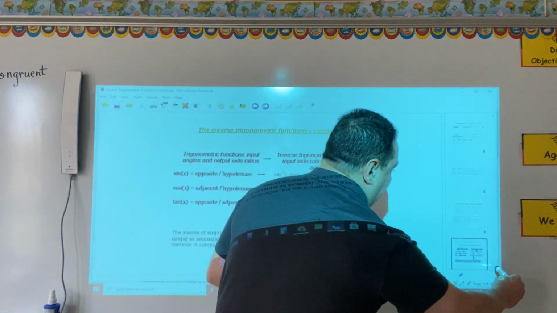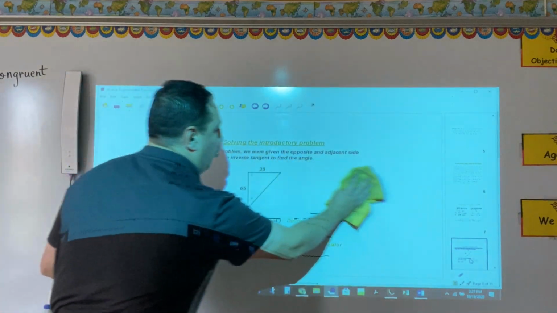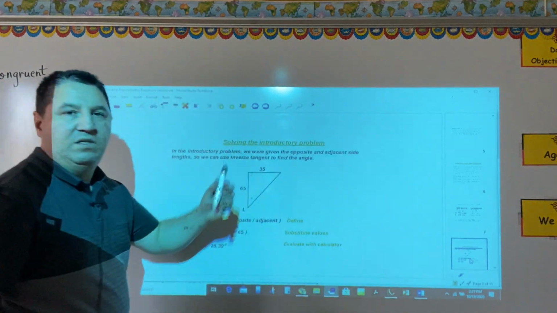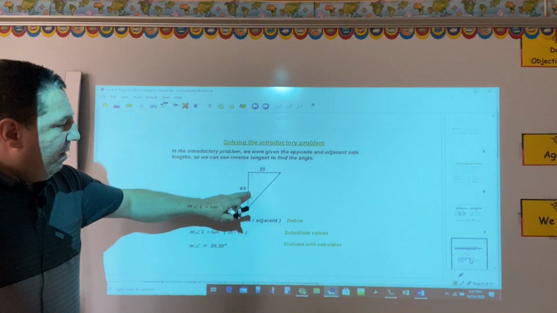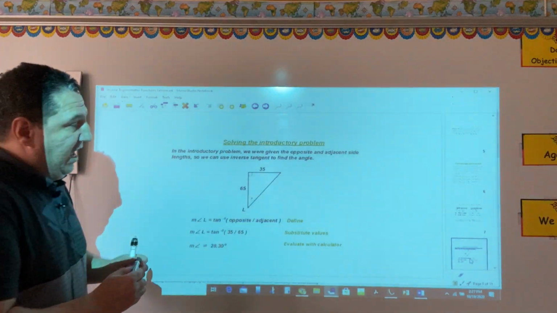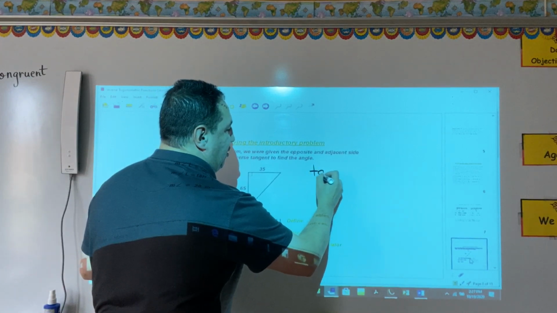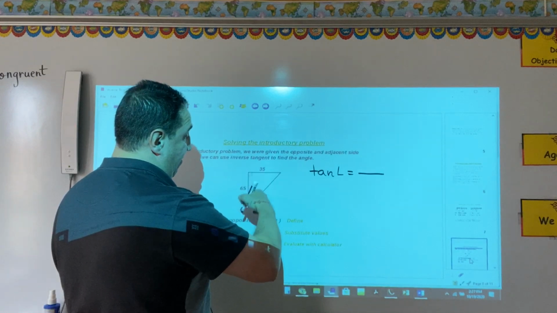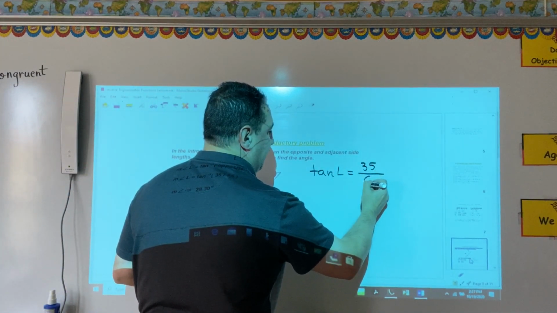Now, let's go back to the original problem we had in the previous slide. Remember this problem? We wrote tangent of angle L would be the ratio of the opposite side over adjacent, 35 over 65.